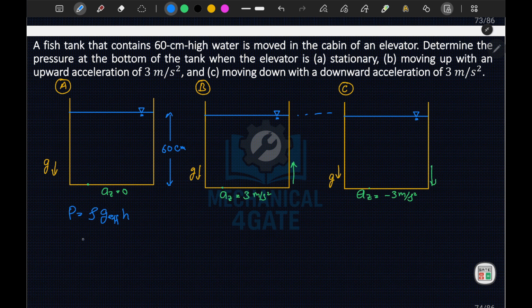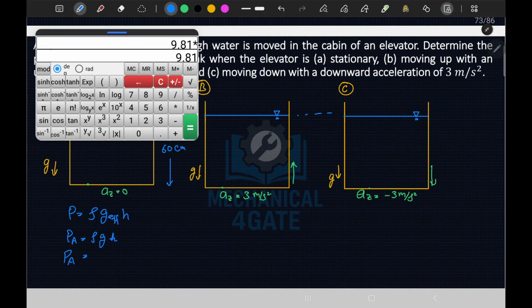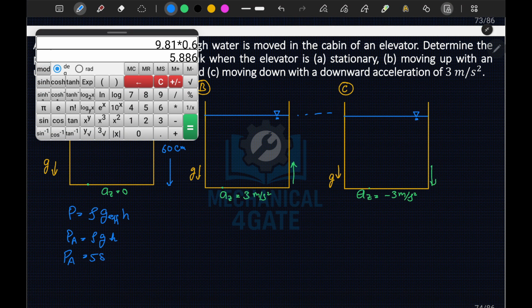Now since az is equal to 0, this will be rho times g times H. If I solve this, PA is equal to rho gH. So g is 9.81 into H, which is 60 centimeter, that is 0.6 meter. So this is 5886 pascals.